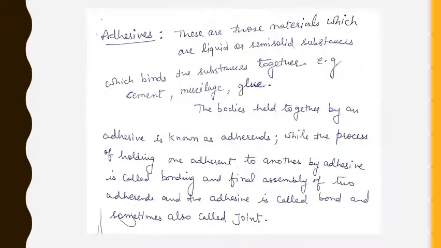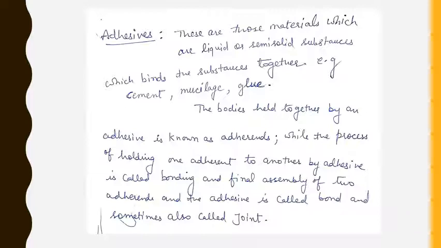So what are adhesives? These are materials, liquid or semi-solid substances, that have the capability to bind other substances. Examples: cement, mucilage, glue. The bodies held together by an adhesive are called adherents, meaning the metal or material which gets bound with the adhesive.